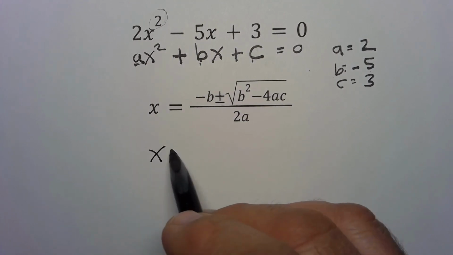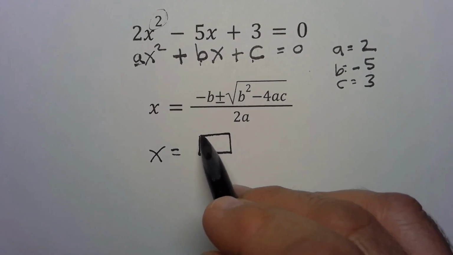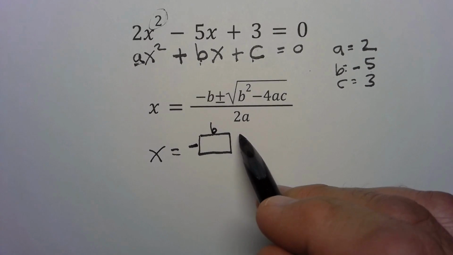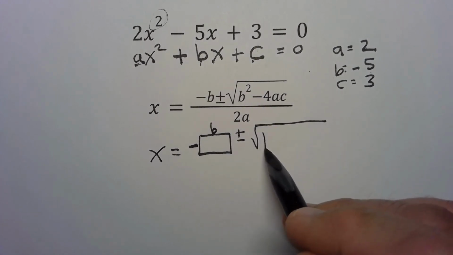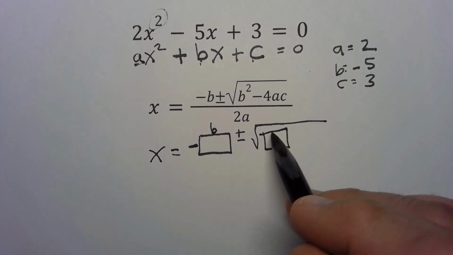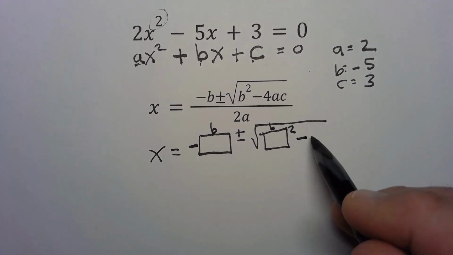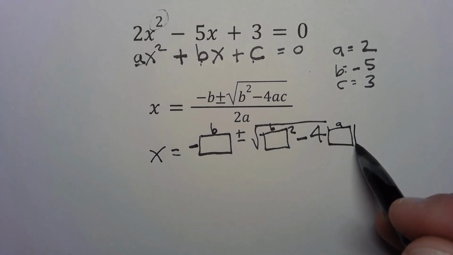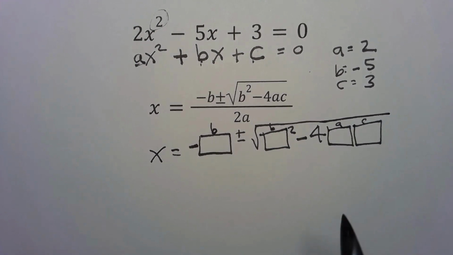So I'm going to say x is equal to, and I like to use boxes, so I'm going to put a box here and put a negative b, labeling the box, plus or minus the square root of, and again, I like to use a box. I pulled out the b, and so I label it b, and that's a squared term, minus 4, pull out a box here, and that's a, and a box here, that's a c, and that's all under the square root.